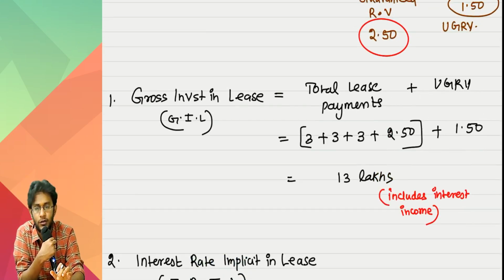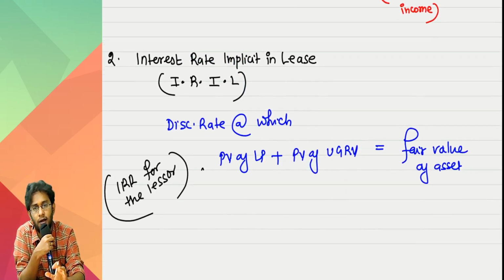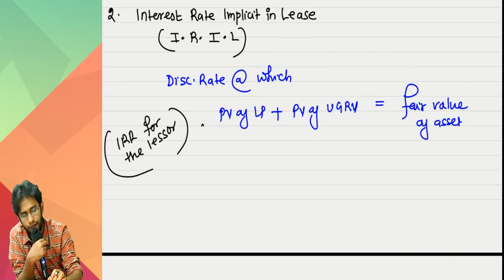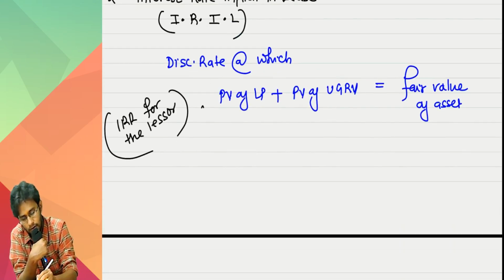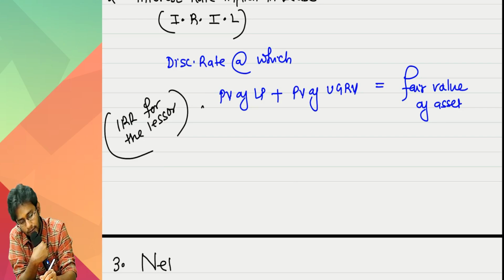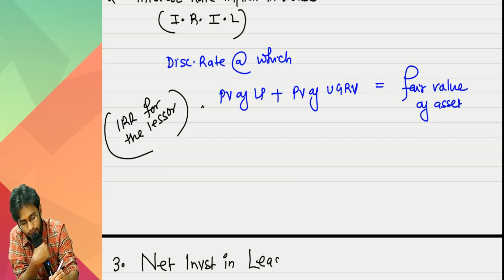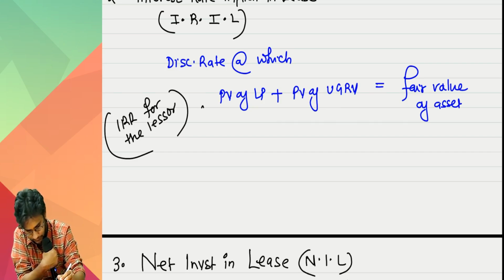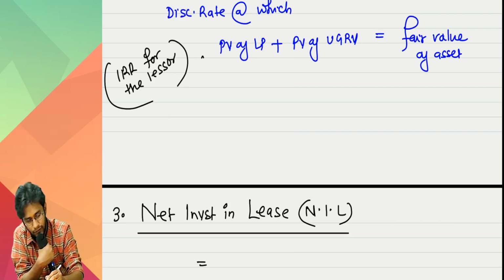So first one GIL we studied, then we studied IRIL too. Third definition, this is NIL: net investment in lease. Very easy.